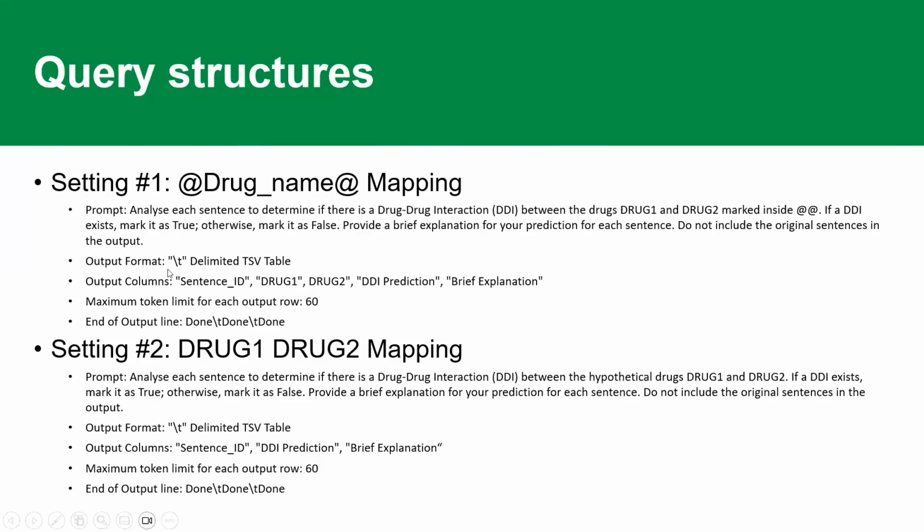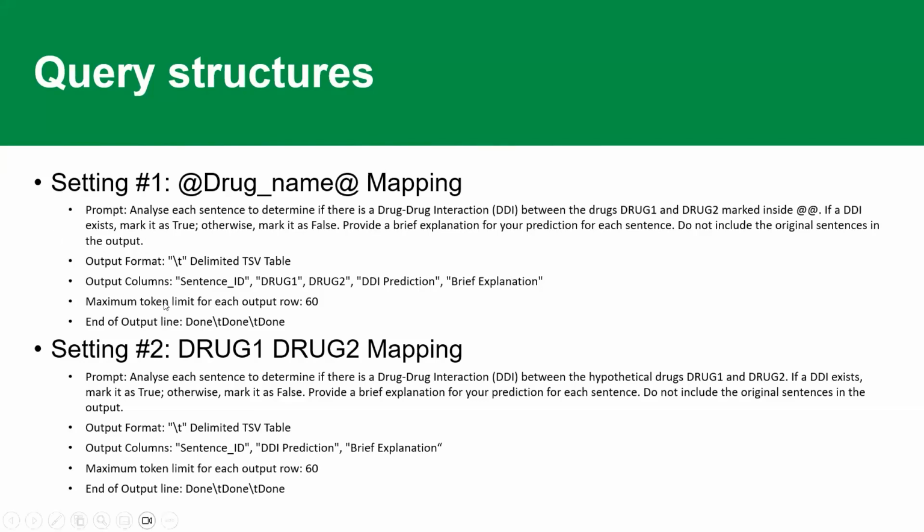So in the query, I also explicitly said that the output format should be a tab-delimited TSV table. The output columns should be the sentence ID, drug 1, drug 2, drug prediction that will be true or false, and a brief explanation about why the model is saying that yes, there is a drug-drug interaction, or no, there is no drug-drug interaction, so that we can track that the model is not giving us random results.